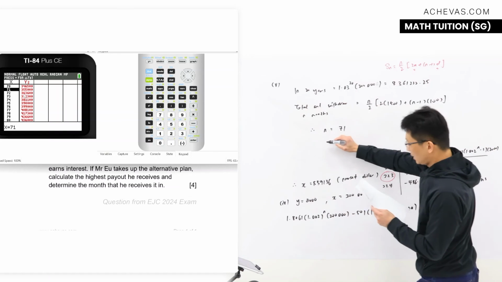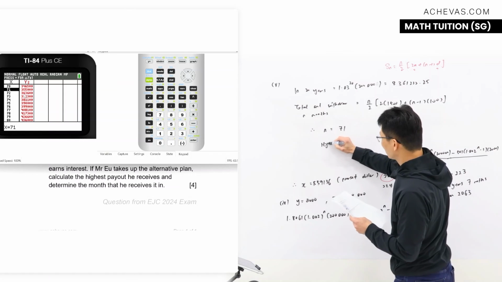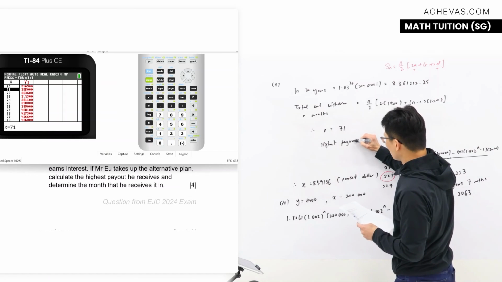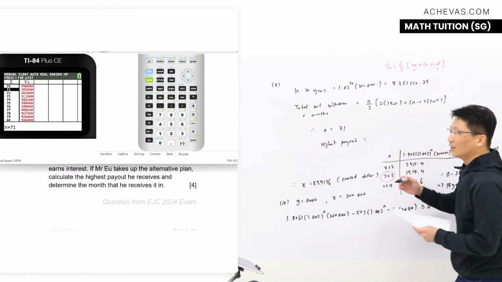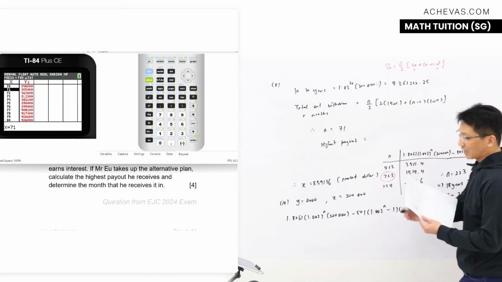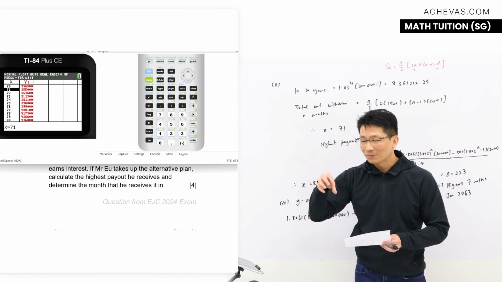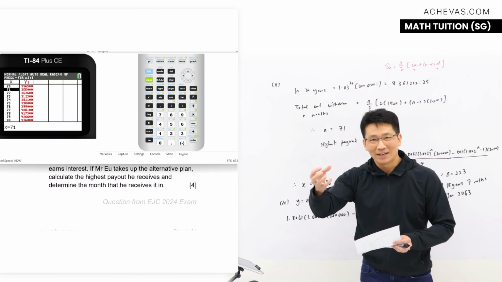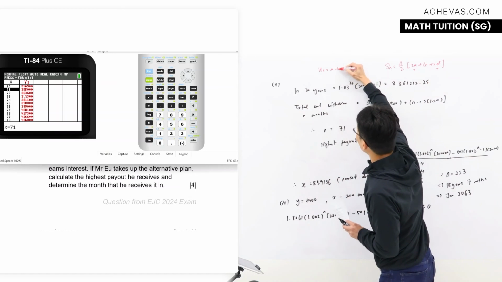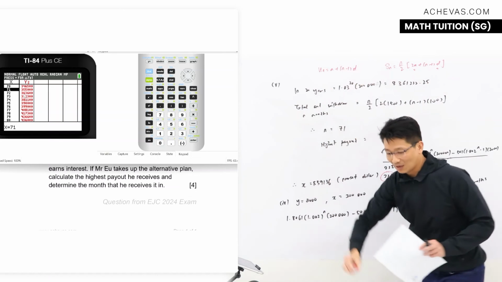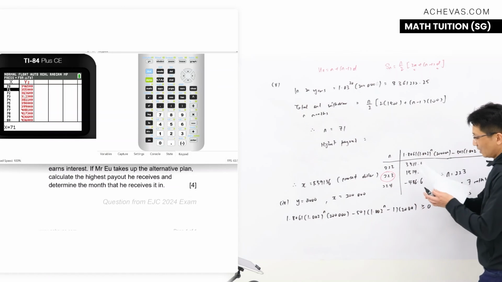Then we can conclude that the highest payout will be equal to a plus n minus 1 d, the general term for an AP, because I want to find the amount that he will be withdrawing in the particular month. I'm using this Un equals a plus n minus 1 d.